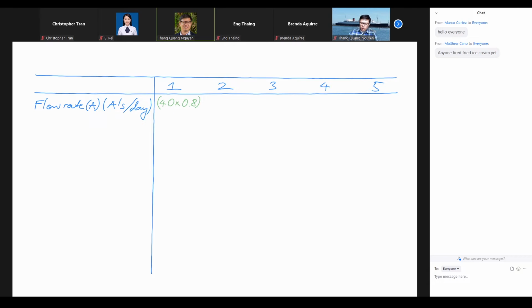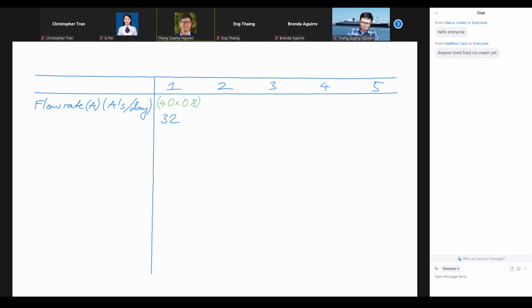So that's why we have 32 here. The customer orders 40 ice creams, but then we do not have enough people, or in real life, enough ingredients, right? So instead of 40 ice creams, we can only serve 32 ice creams.